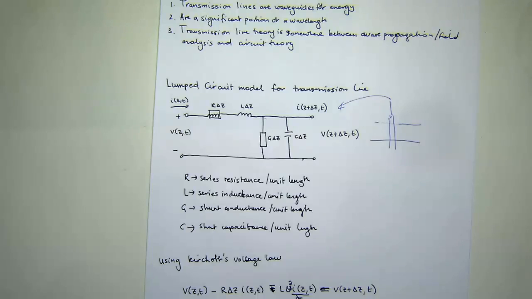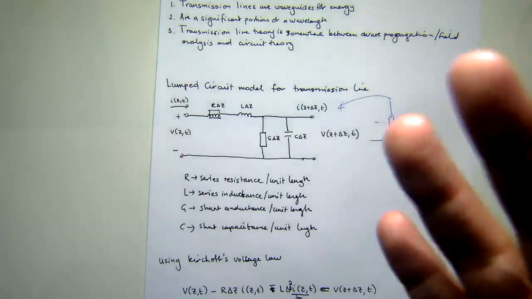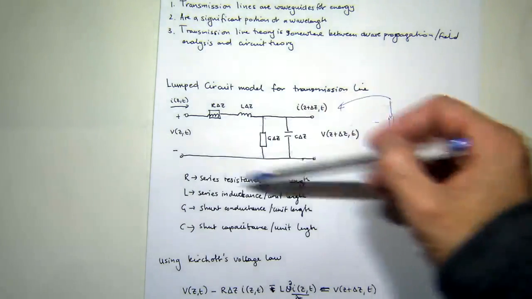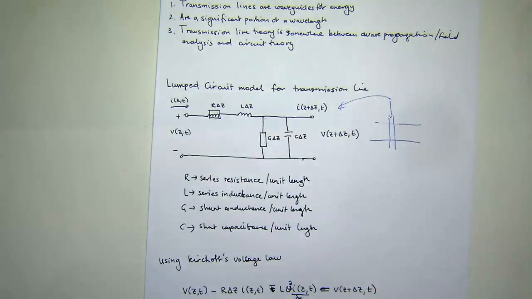And you've said, okay, my lecturer has told me that this is the lumped equivalent circuit model. And I'm saying to you, well, why do you believe me? Just because I've written it, I could be completely nuts. I could be a madman, right? So I'm asking you, where do these components come from? Or if you had a piece of coax, where do you think some of these components come from?